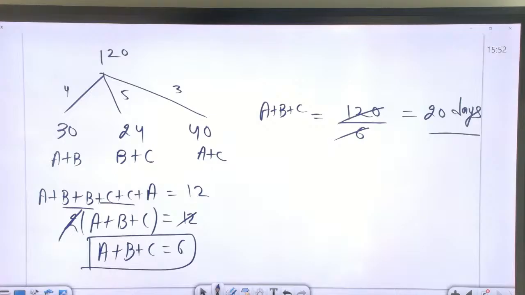What is the answer? 10 days. Good. So everybody is getting 10 days.